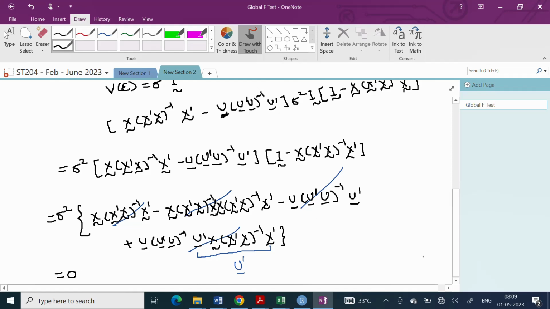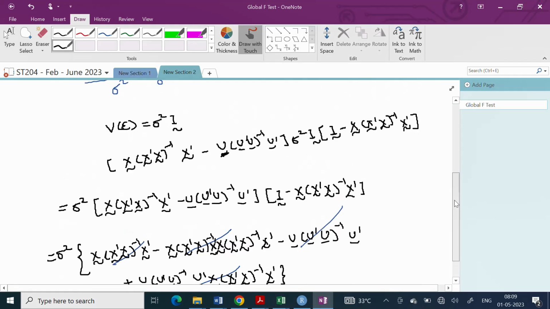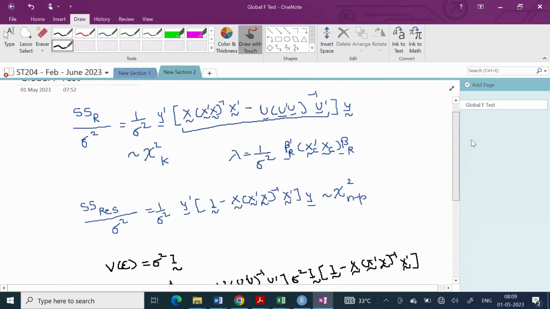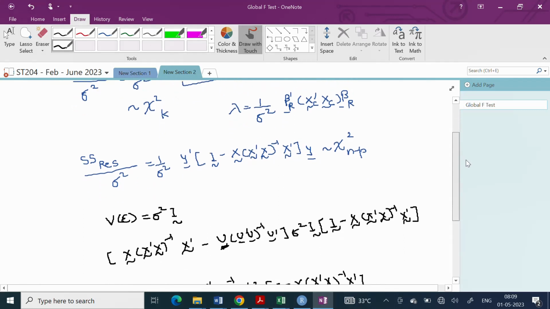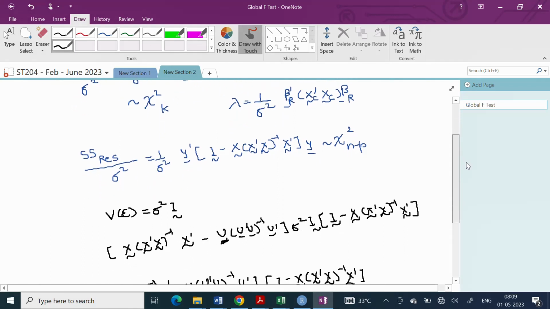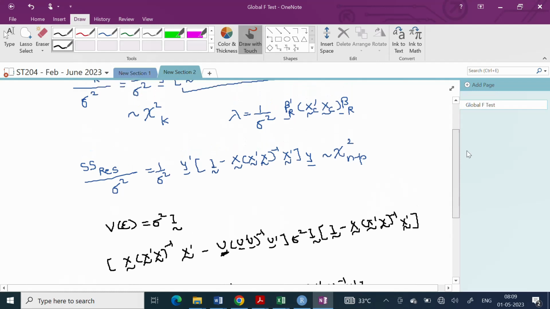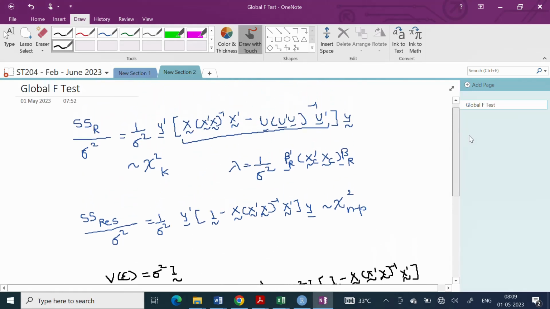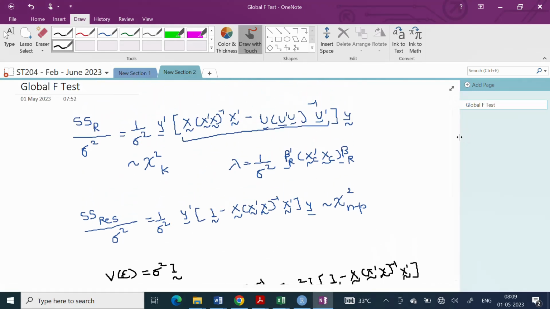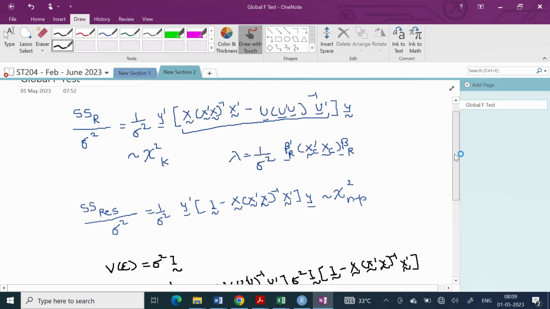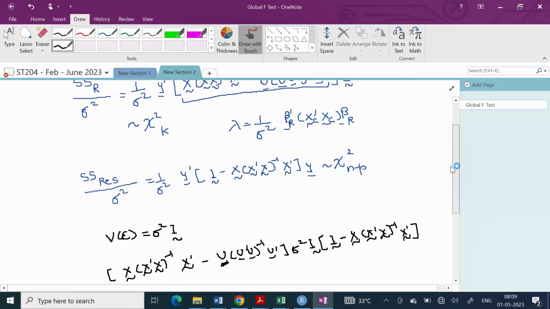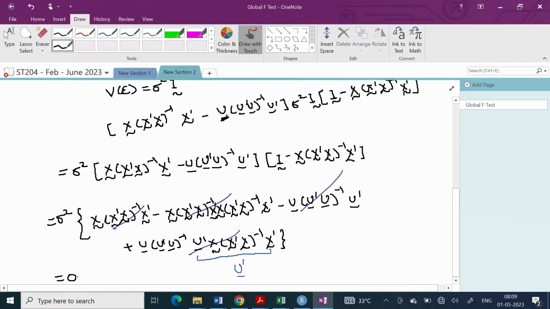Thus, we have proved that these two chi-squares are independent. Hence, if I take their ratio after dividing them by respective degrees of freedom, then I'll get F with corresponding degrees of freedom. So what do I get? For SSR, the degrees of freedom are k, and for SS residual, the degrees of freedom are n minus p.